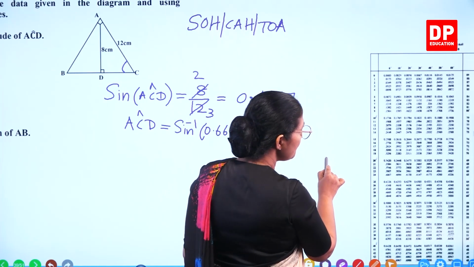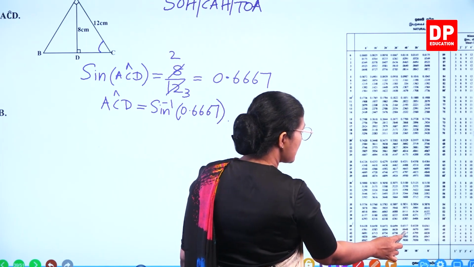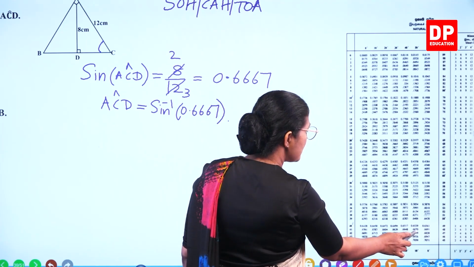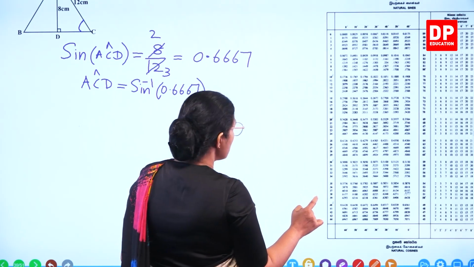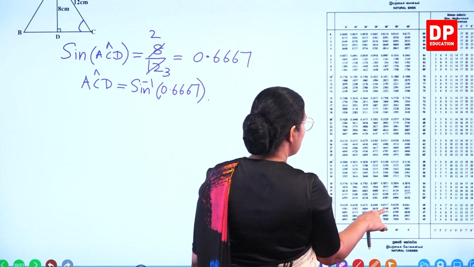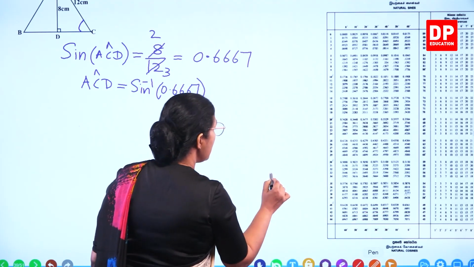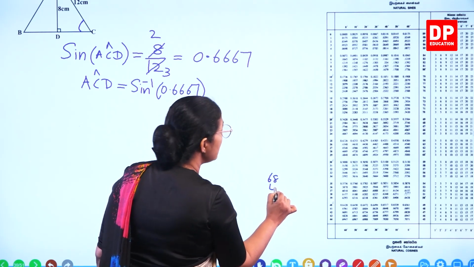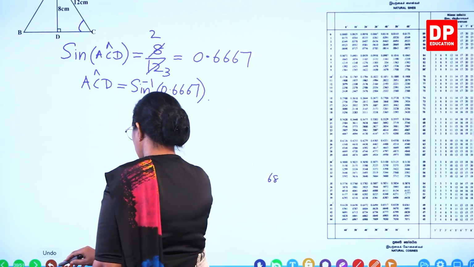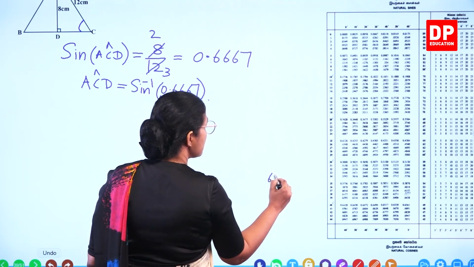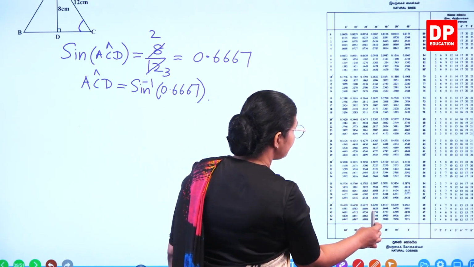You have to find where you can find 0.6667. 0.6670 is there. So 67 and 48, 67 and 48 is there.